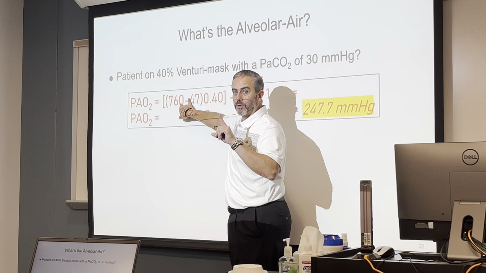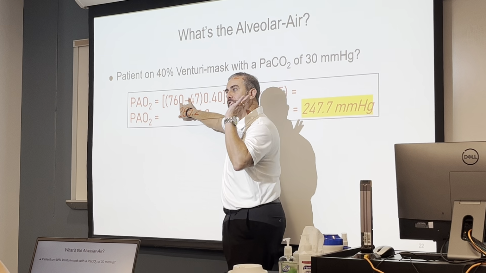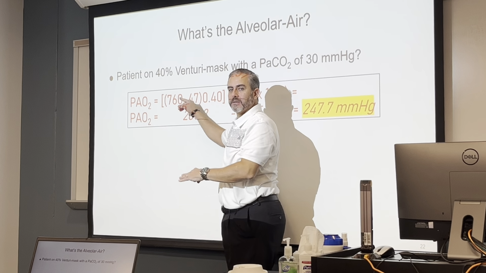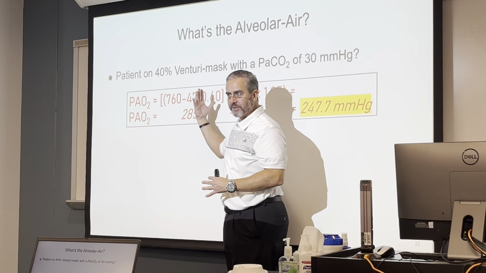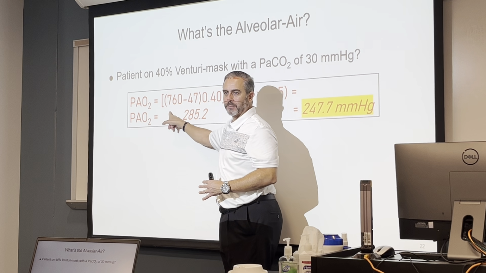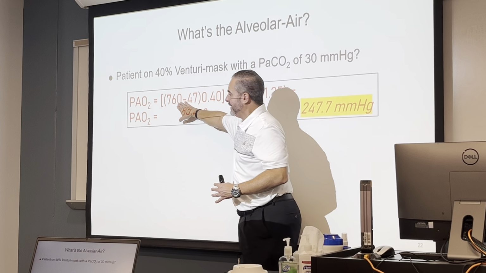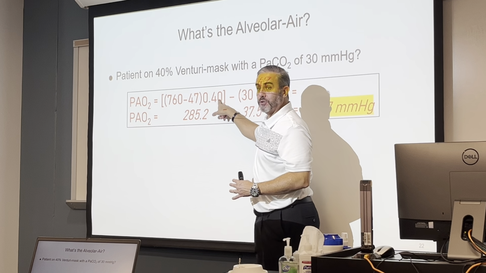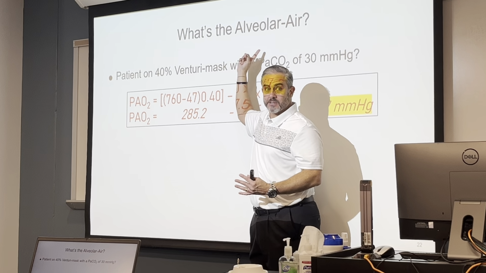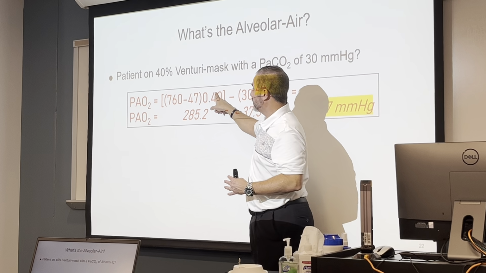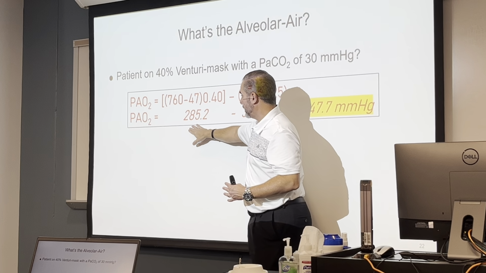The only time I will make this different is in the future when you guys are much more comfortable with this equation, and then I start changing barometric pressure on you just to mix you up, right? So that's going to be the same. FiO2 can vary depending on the O2 device, right? That could be all kinds of numbers, but depending on the O2 device, that's that side of the equation.